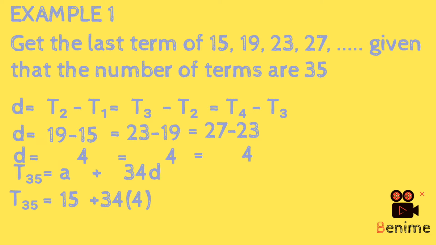So 15 plus 34 times 4, you get 151. If you multiply the 34 by 4 first, you will get 136. So now, since we have gotten T35 as 151, the last term therefore is 151. So that's how you solve an AP.